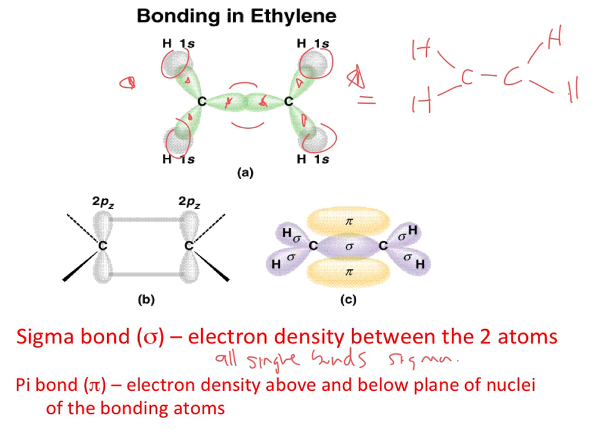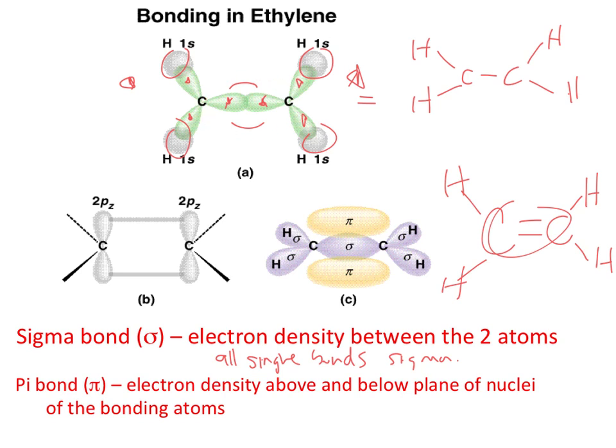Now we know that this molecule is structurally containing a double bond. Part of that double bond is caused by that initial sigma overlap, this overlap that we see right here between these two carbon atoms.